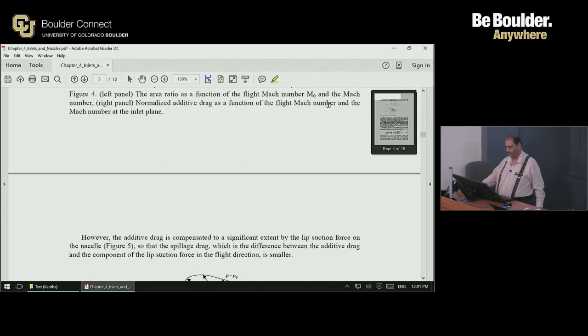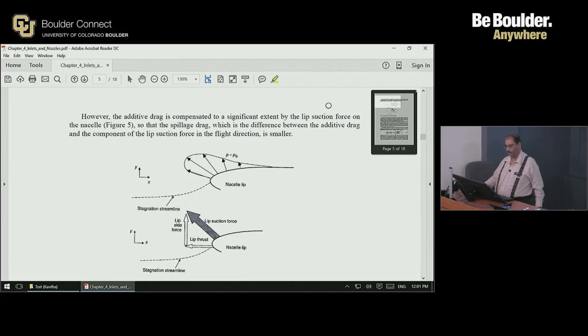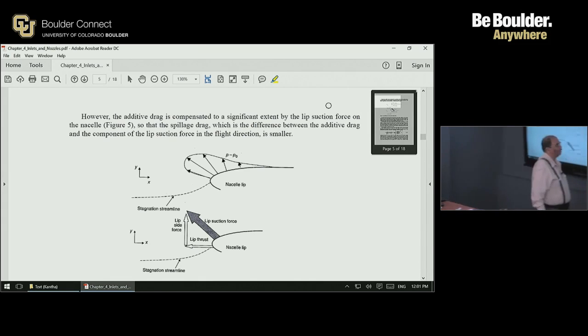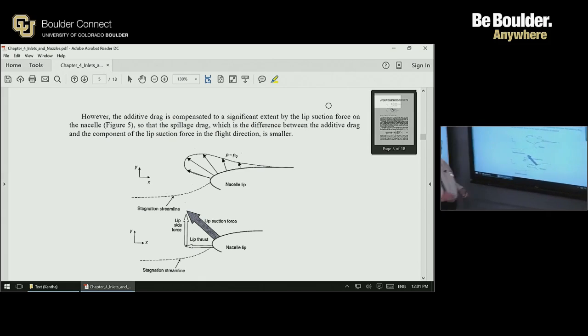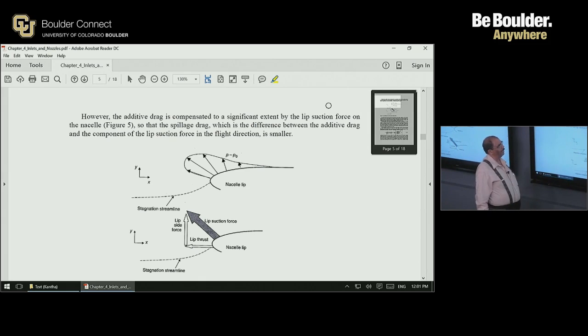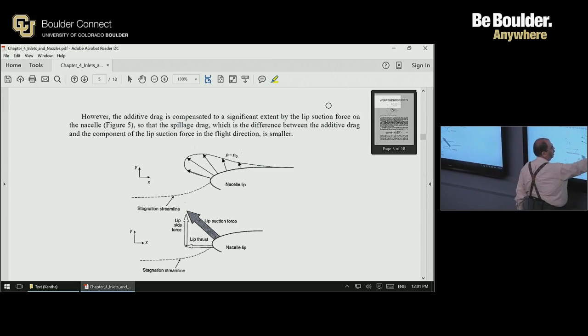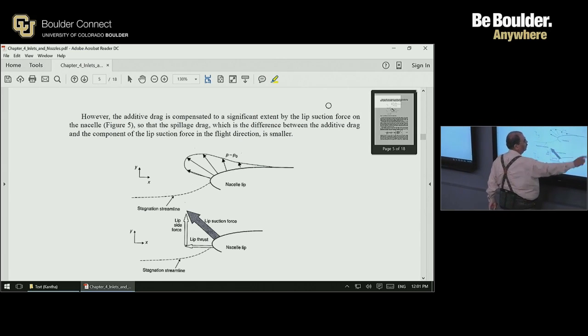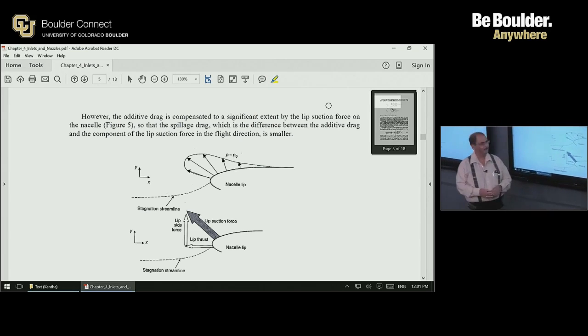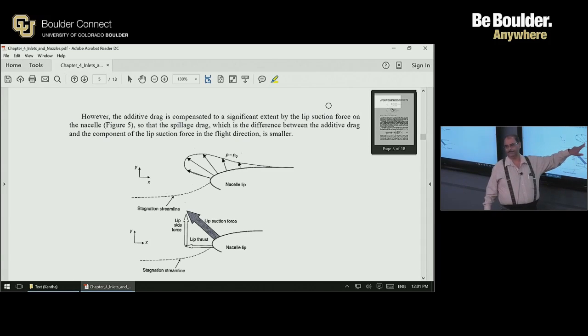But in most cases, the additive drag is compensated to varying degrees by the so-called lip suction force. As the flow accelerates around the outside of the nacelle, the pressure there comes down.